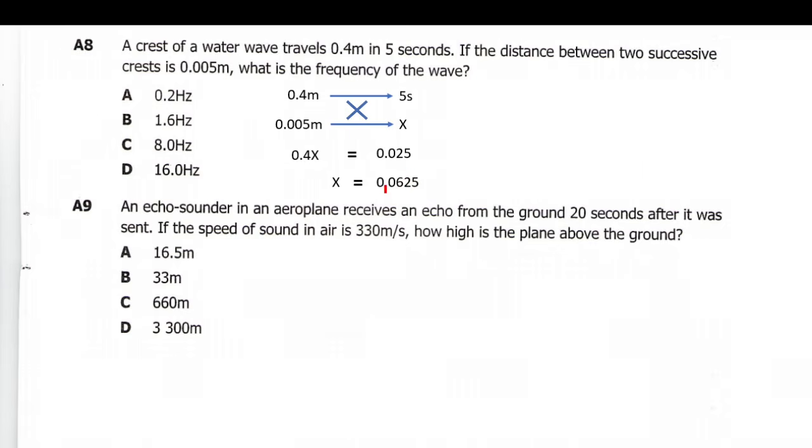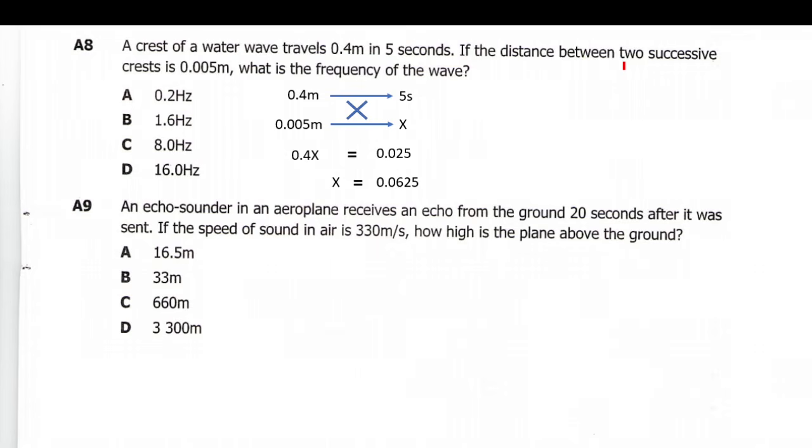So 0.005 meters would travel in 0.0625 seconds. This time is the time needed for this water wave to travel the distance between two successive crests, or it is the time needed to make a complete wave. So this time is known as the period, because it is the time needed to make a complete wave.